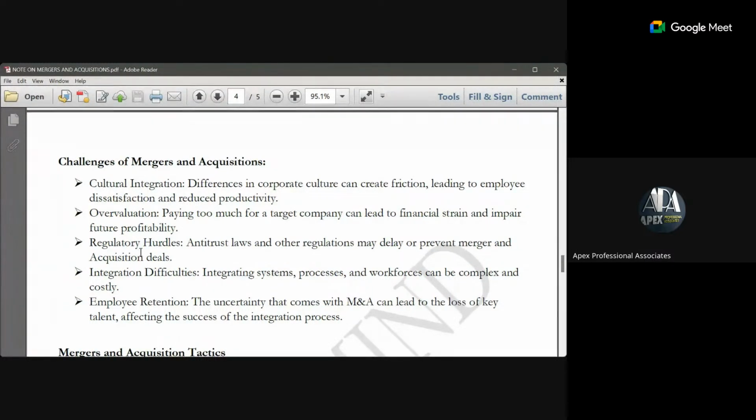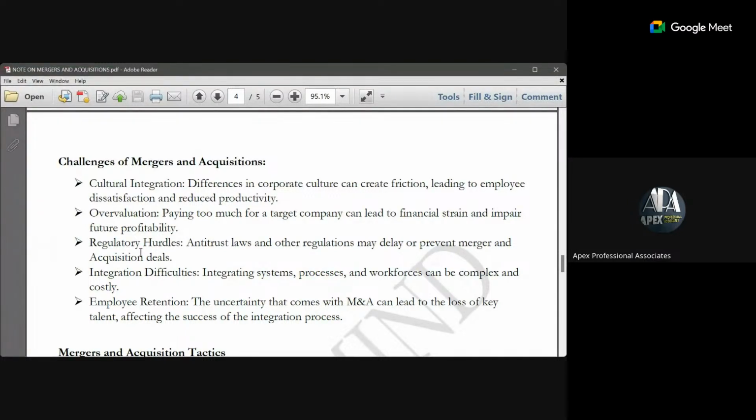So we also have integration difficulties. It's almost similar to cultural integration, but integration difficulty is more detailed. Cultural integration has to do with the mentality, the ideology, the culture, the corporate world, how the business runs.